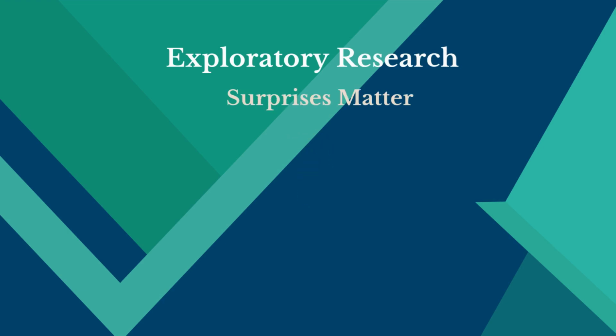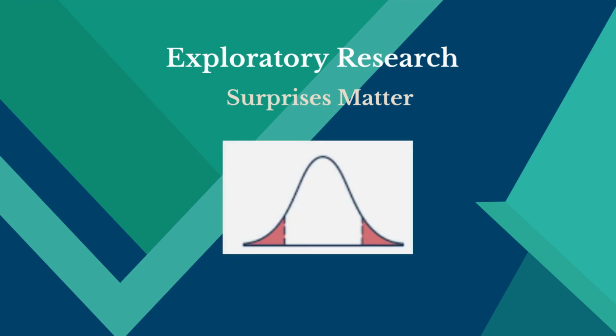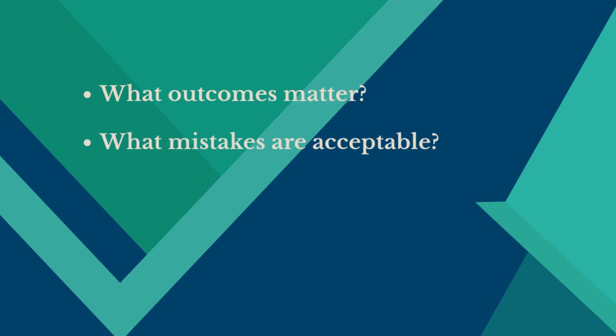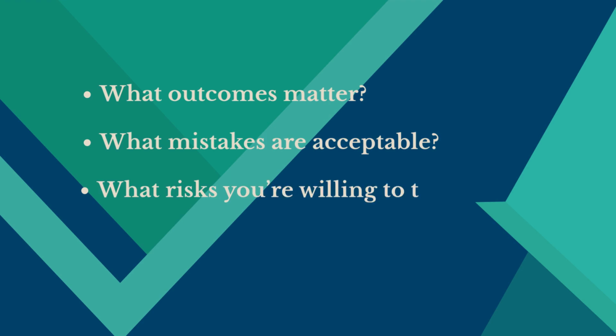Surprises matter. Unexpected directions matter. So researchers usually choose two-tailed tests to stay open to all possibilities. So the choice is never about preference. It is about what outcomes matter, what mistakes are acceptable, and what risk you are willing to take. Once you see this, one-tailed and two-tailed tests stop feeling technical and start feeling ethical.